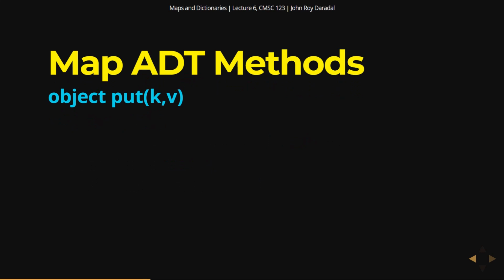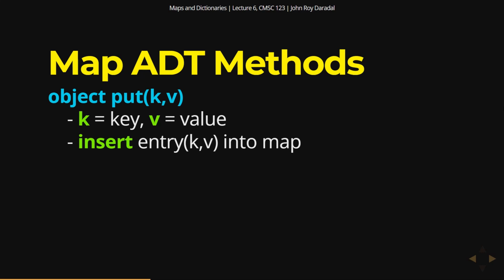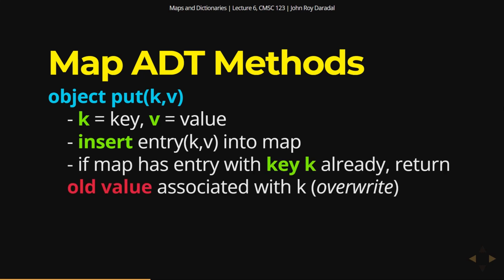Next is the method put. So put k, v, where k here is the key and v is the value. So first you create the entry with key k and value v, and then you insert that entry into the map. Okay, however, since we need to ensure that the keys are unique, we have to check if the key k exists already.